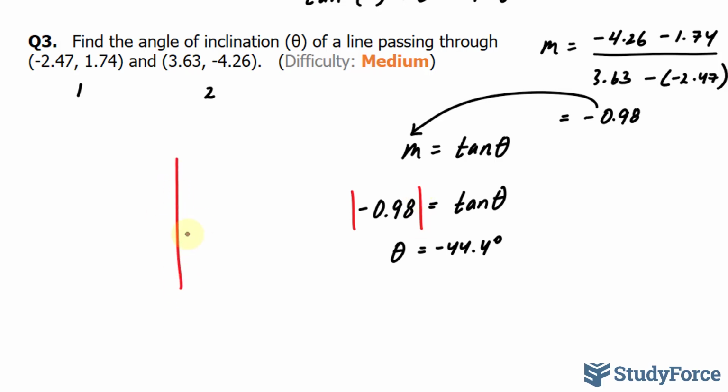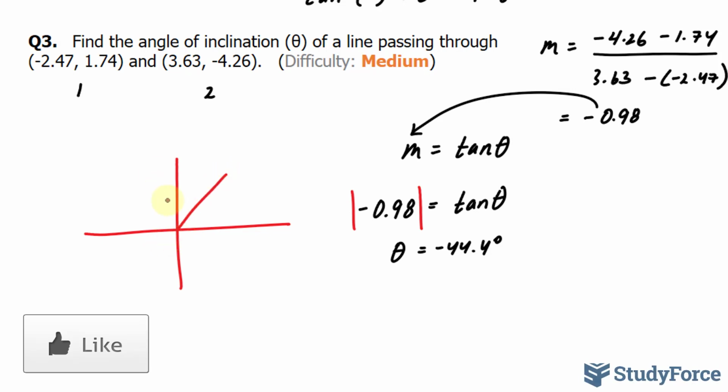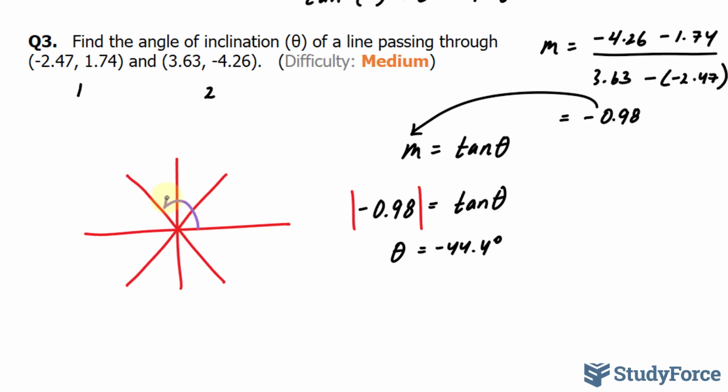Now remember, tangent is positive according to the cast rule here and here. It's negative here and here. So what we have to do is locate this angle, because only this angle will be between 0 and 180 degrees. By taking the absolute of negative 0.98, we're finding the acute reference angle, which we can then use to find out what this angle is.